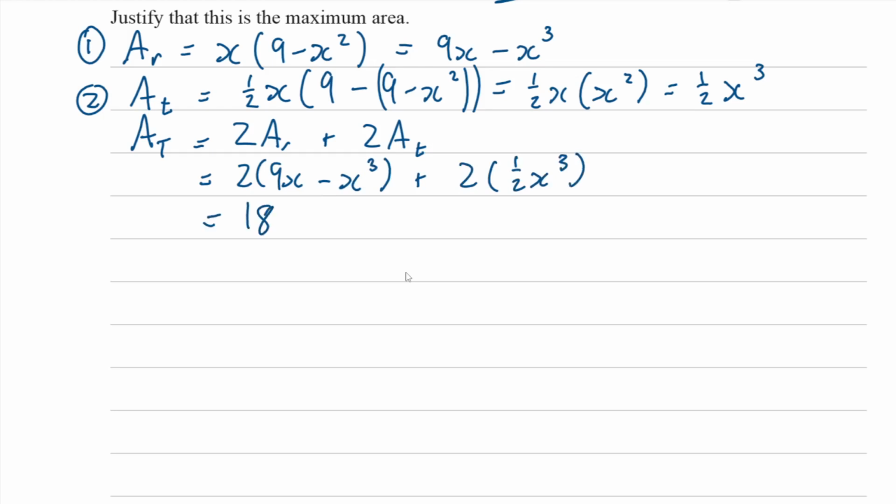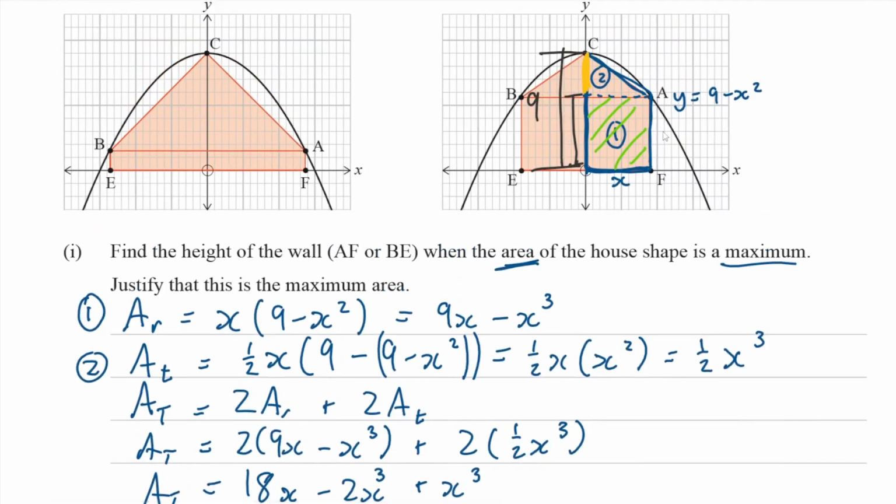So that's 18x minus 2x cubed plus x cubed, leaving us with 18x minus x cubed. So that's the area of this cross-sectional face.